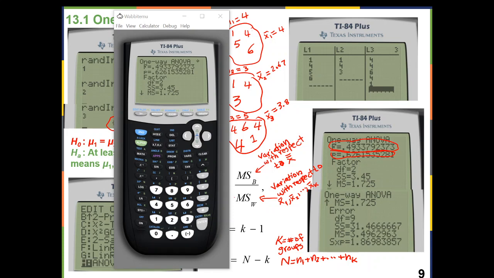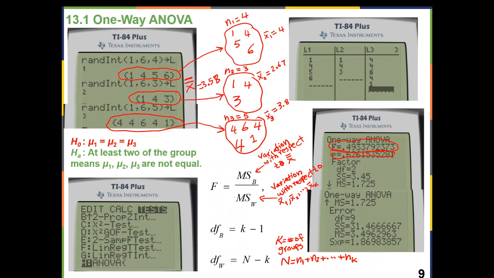But that's how we do it, and based on the p-value, we're going to reject the null hypothesis or fail to reject, just like chapter 9, right? Now, where does that F come from? I'm going to talk about that in a second, and how we get the p-value. So the distribution is going to be an F distribution like that, right?